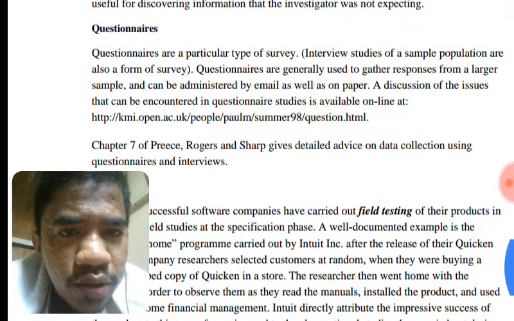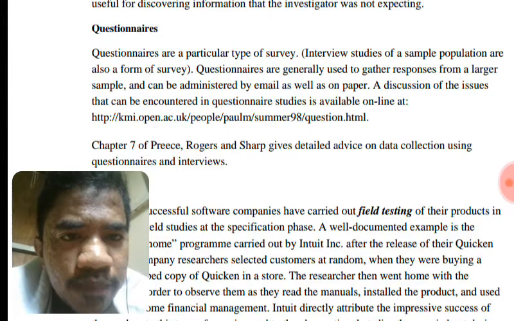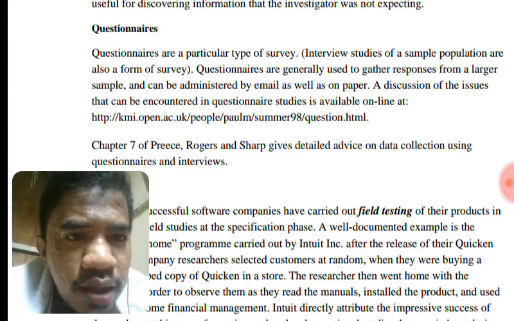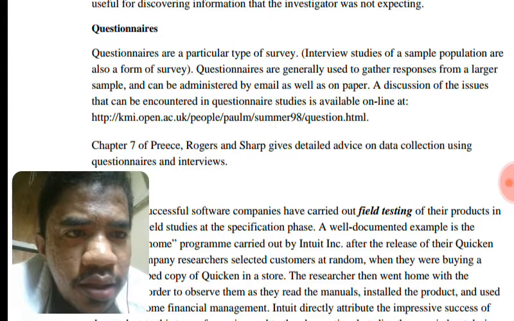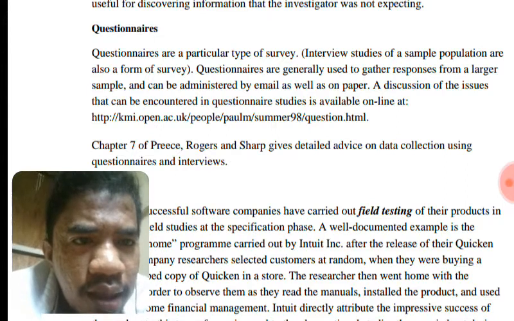Questionnaires. Questionnaires are a particular type of survey. Interview studies of a sample population are also a form of survey. Questionnaires are generally used to gather responses from a large sample and can be administered by email as well as on paper.